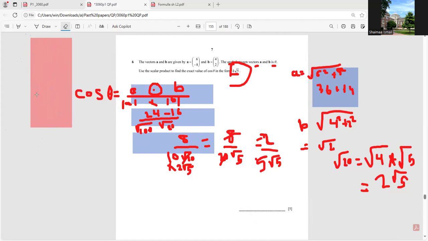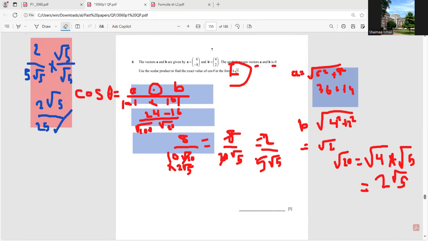2 over 5 root 5. I'm going to multiply both numerator and denominator by root 5 over root 5. So now in the numerator 2 root 5, denominator 5 times 5, which is over 25.